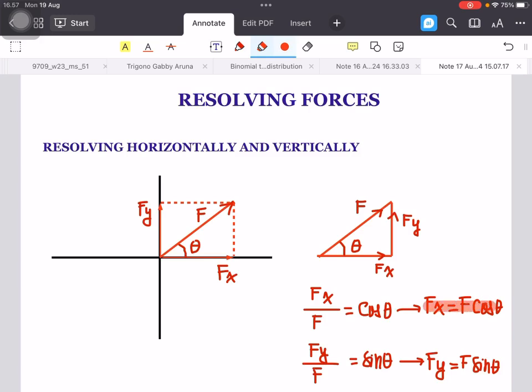So Fx is F cos theta. While using the same diagram, on this right angle triangle, Fy becomes the opposite side. So Fy over F is sine theta, Fy is F sine theta.